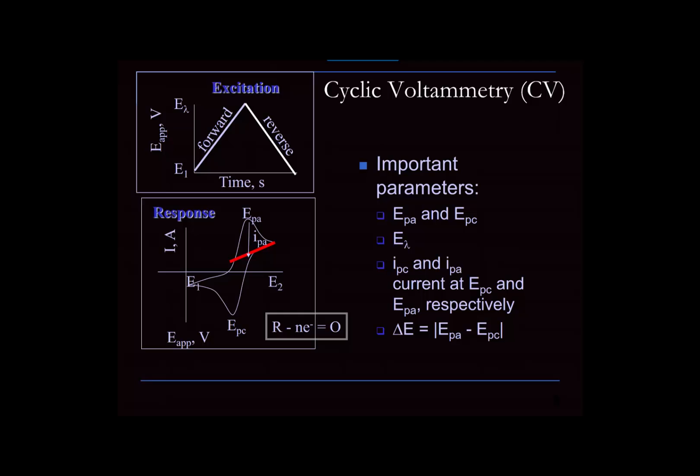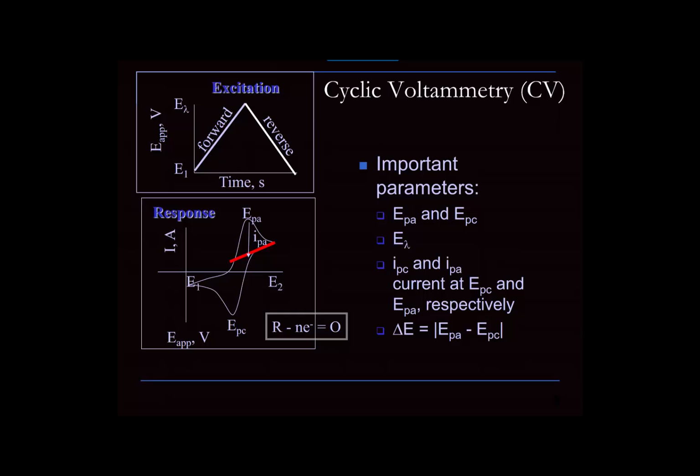Now if you choose to continue to change the potential and go back to E1, you have the oxidized form and you have the redox potential somewhere in between E2 and E1. No current will flow until you pass the redox potential. As soon as you do, all of that O that's now near the electrode surface that you've produced by oxidizing R will start to become R again.